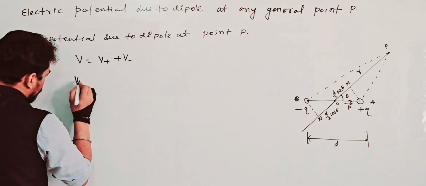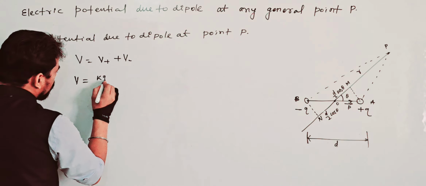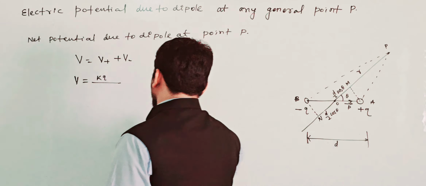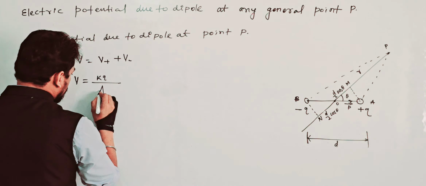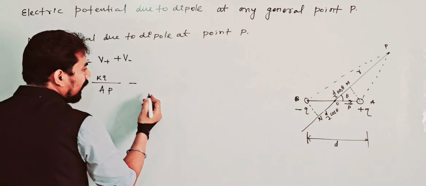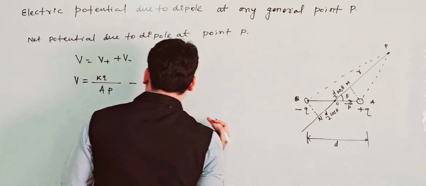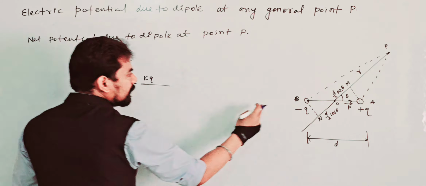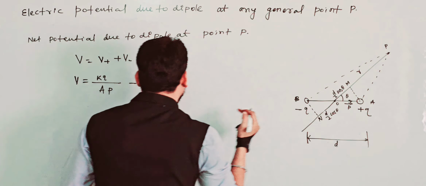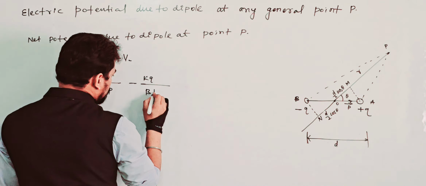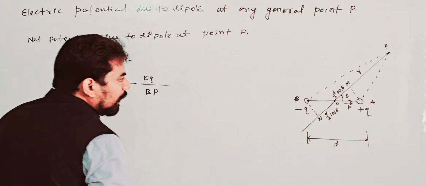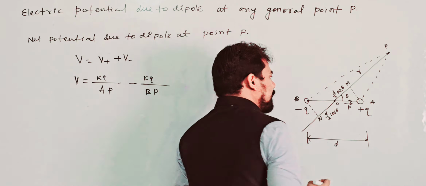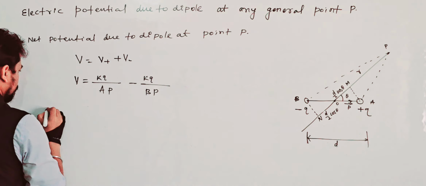V due to the positive charge is KQ by the separation AP. And this is due to the negative charge, so it is negative potential: KQ by BP. In this, AP equals PM, taking it from the diagram.